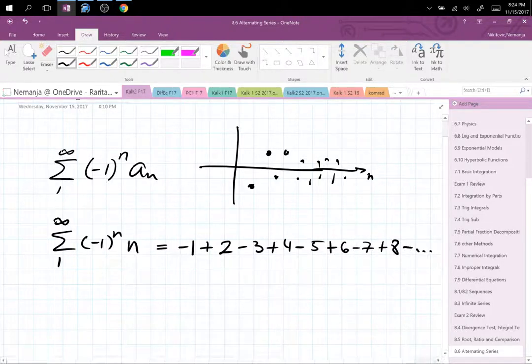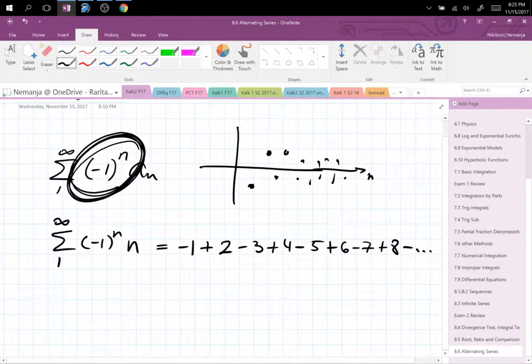It goes forever, and you see that signs alternate all the time. As I mentioned, it is very easy to spot alternating series because they all have this term.